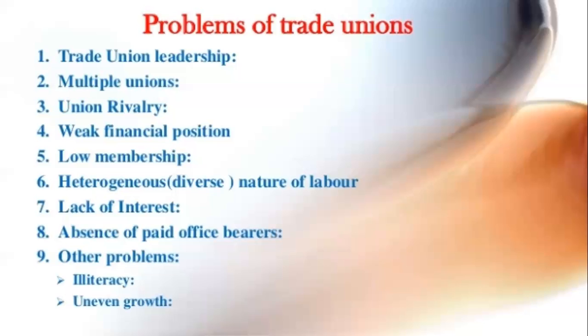But because these trade unions are not doing properly or not focusing much, and do not have these office bearers, the information may not be flowing properly. So this is another problem faced by trade unions. So these are all different problems faced by the trade unions.